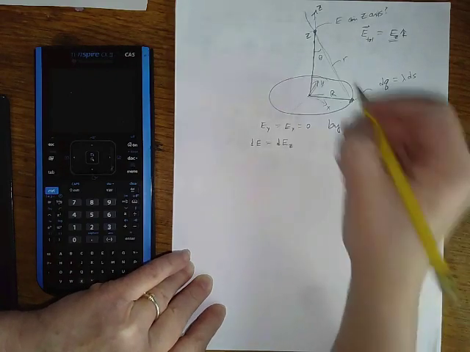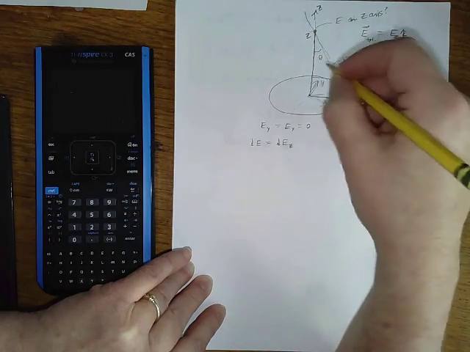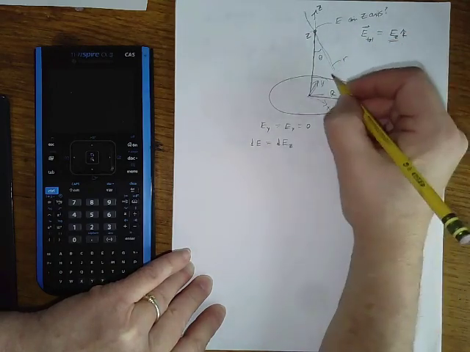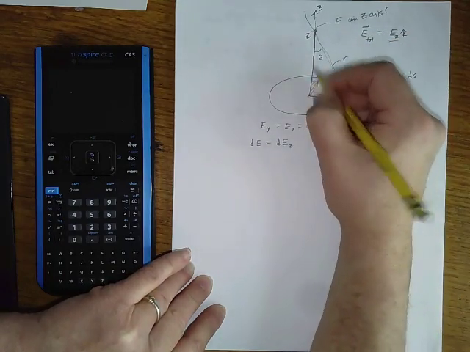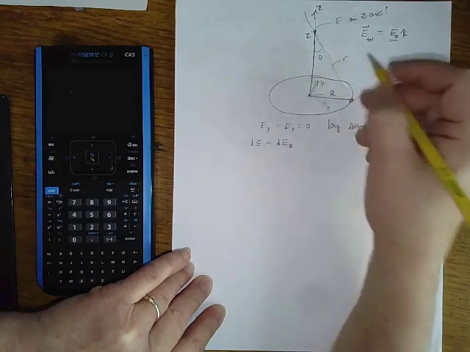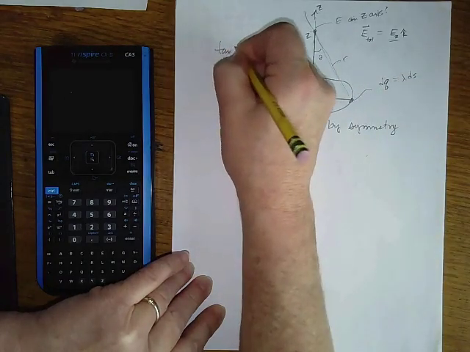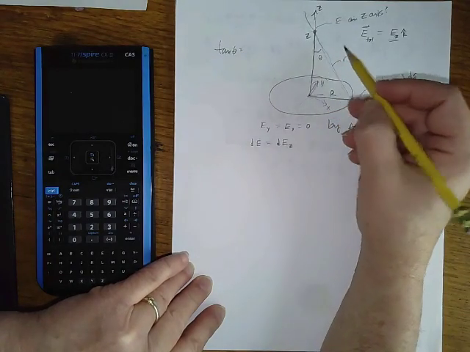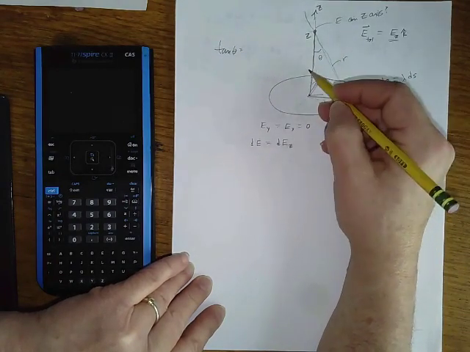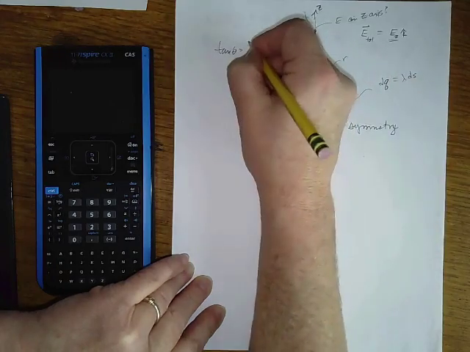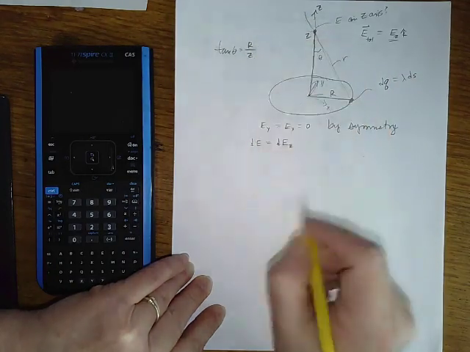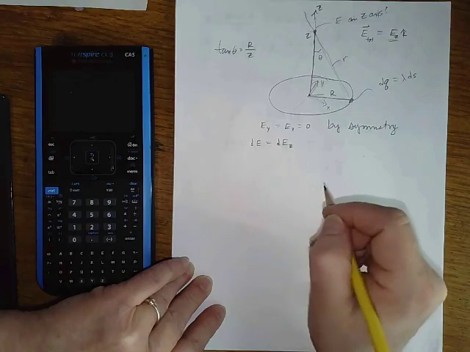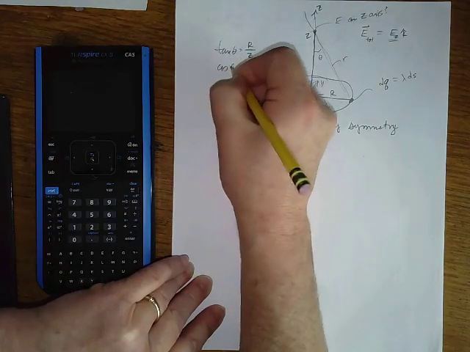What can we do with this stuff here? This is R, this side is Z. We can say then that tangent of theta, just to get some relationships here. Theta is here. Tangent is opposite over adjacent, so tangent theta is R over Z. Or if we need cosine theta, what would cosine theta be?